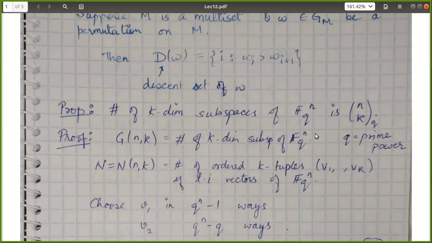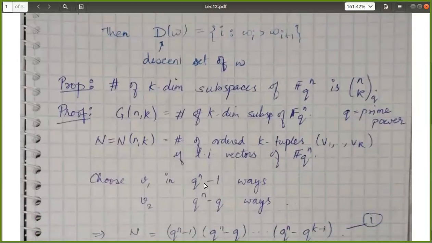The zero vector is 0, 0, 0, 0, 0. Because you want to choose linearly independent vectors, v1 in itself cannot be a zero vector. Therefore, v1 can be chosen in q^n minus 1 ways. You have to take off the 0.